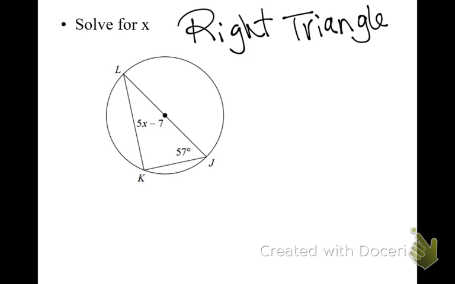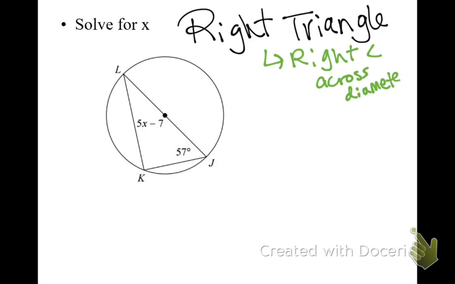Where is the right angle? So the right angle is across the diameter. I would write that down. The right angle is across the diameter. If you know that, you know how to do any of the problems. So the right angle is across from the diameter.